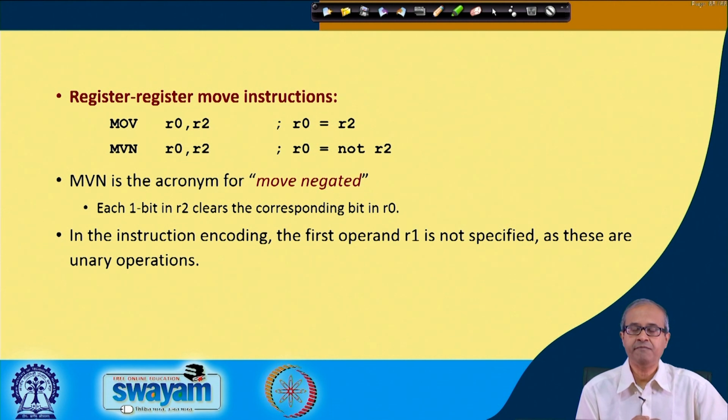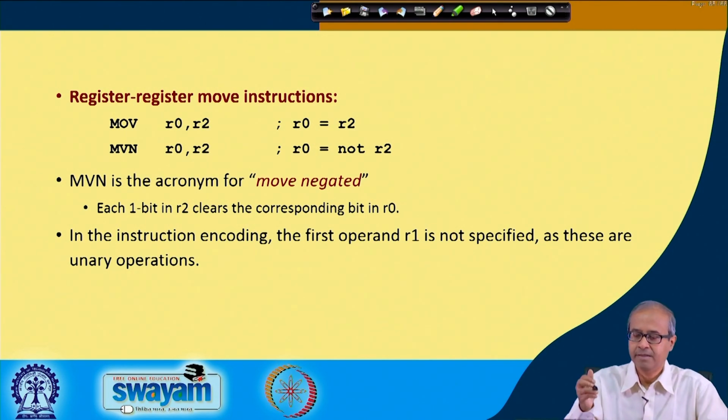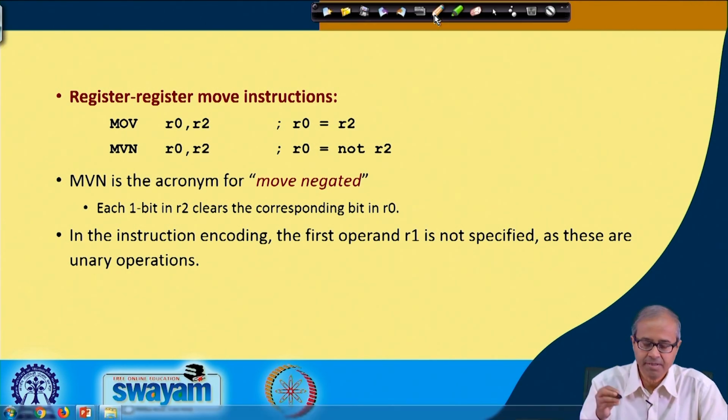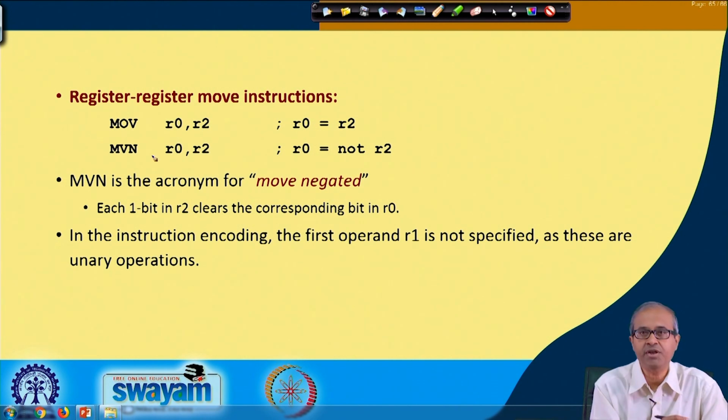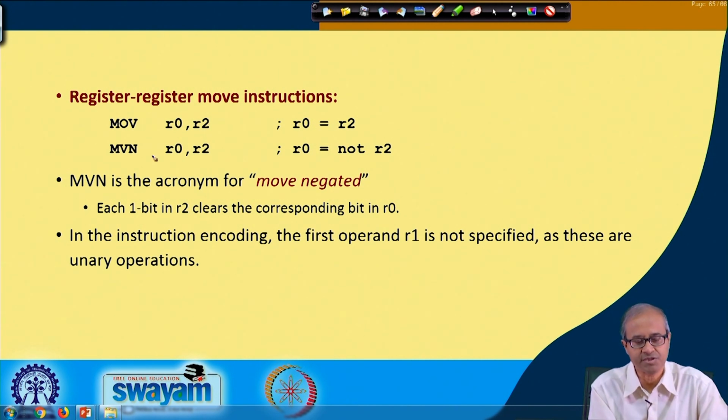Okay, fine. Then you have some register to register move instructions. This also we are defining under the data manipulation instruction category. Now, there are two kinds of register to register move that are supported.